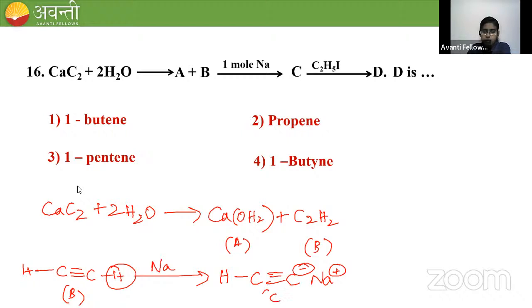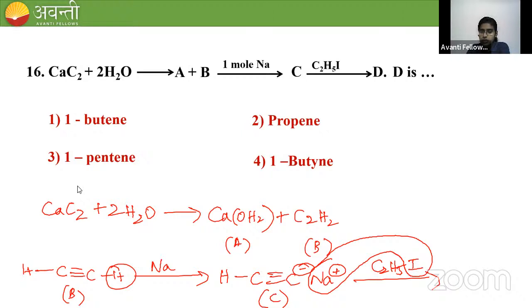So this is compound C. Now again the same thing with C2H5I. C2H5 is the alkyl group. Iodine is the halogen. So NaI goes out and we have CH triple bond C with C2H5. Now this is your compound D.